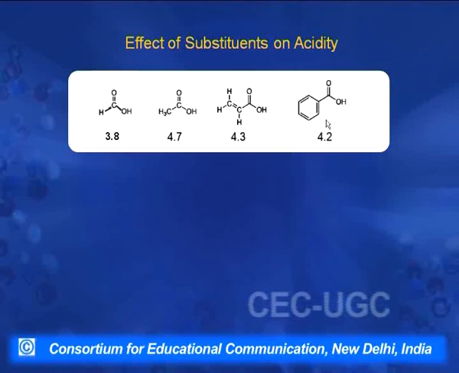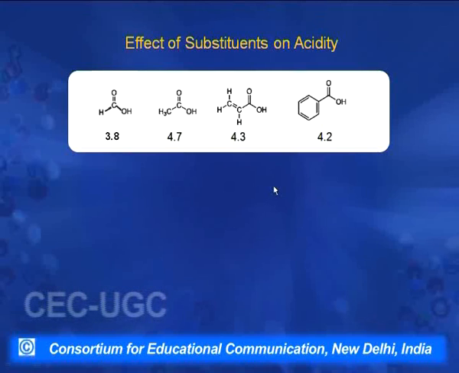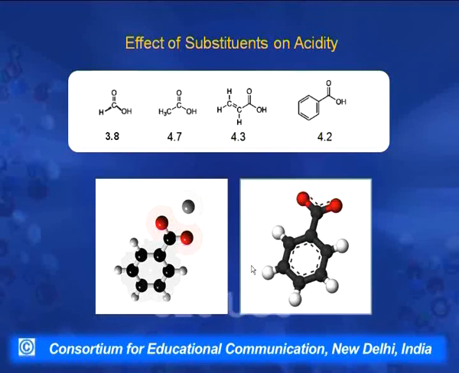It is not so. This can be explained on the basis that some resonance effect is also playing a role here, and we can explain that resonance for benzoic acid like this. This shows 6 carbon atoms of the ring which have their conjugation, and this is the carboxylate anion having its conjugation.